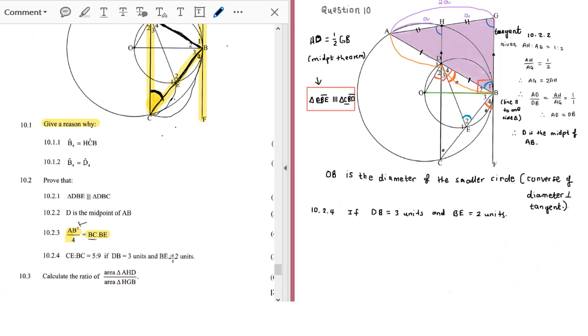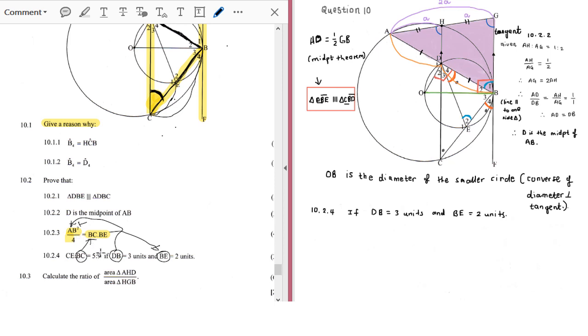These lengths look very familiar. BE, we just saw a BE over there. We also saw a BC over here. So this is sort of connecting to what we have from before. And we also saw DB as being related to AB.